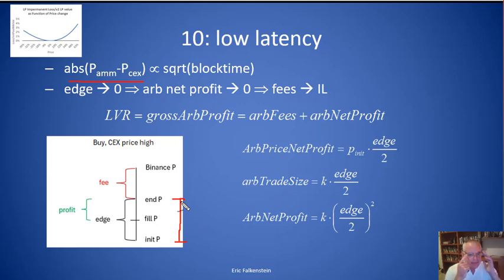So if everyone's a perfect competitor, longer blocks just mean bigger edge, bigger price opportunities. And so if we shrink the block time, we should be able to shrink that edge.